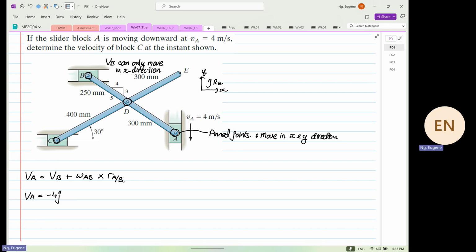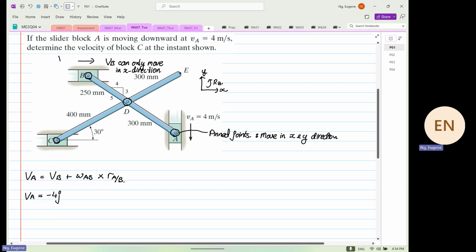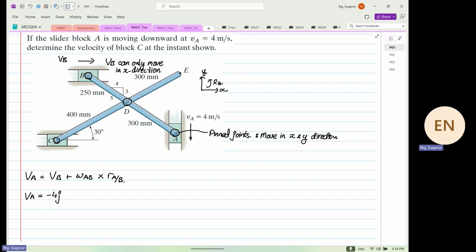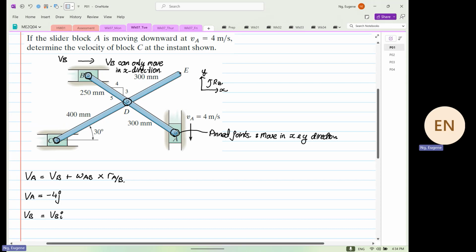I want you to visualize, if A is coming down, what will happen to B? Is it going to move towards the left or towards the right? It's going to move towards your right, yes or no? Are you comfortable with this? So we know that we are going to have a VB. Because it's on a slider, and the slider is in the horizontal orientation, we can claim that VB is equal to VBI. There's only one direction, and we're going to declare this as positive.